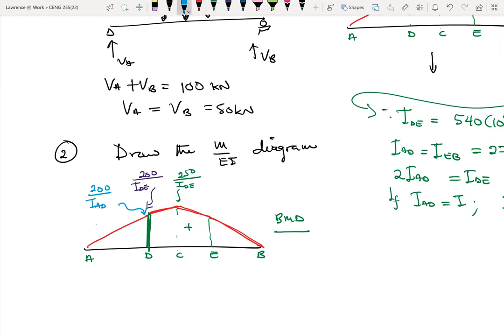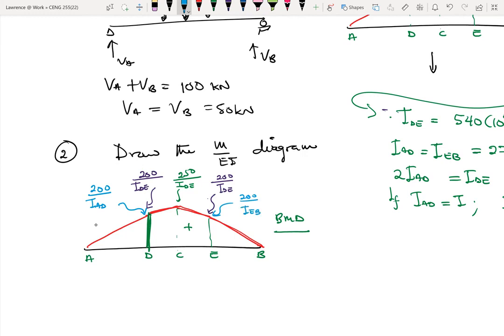Then here we have something similar to whatever we had before. So here it becomes 200. Again, it's being shared, so at E, we have both IDE, and then we also have at the same point 200 over IEB.